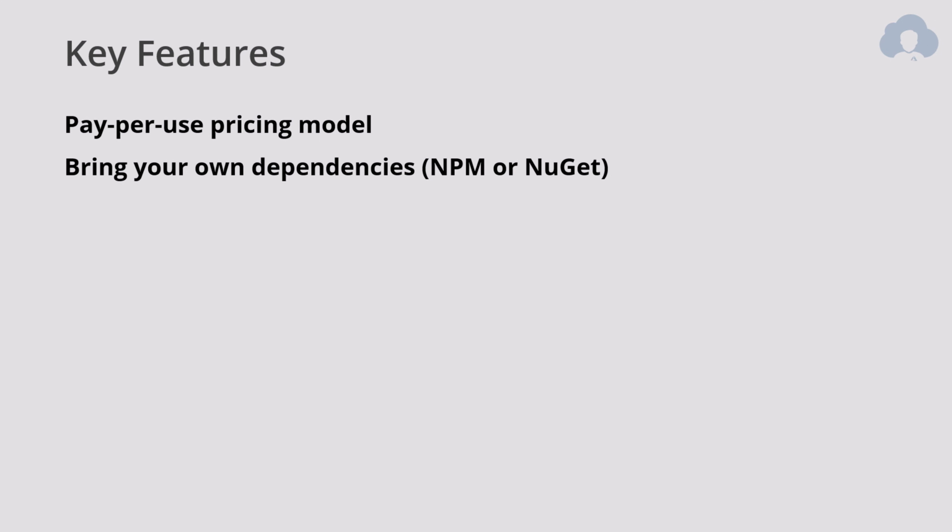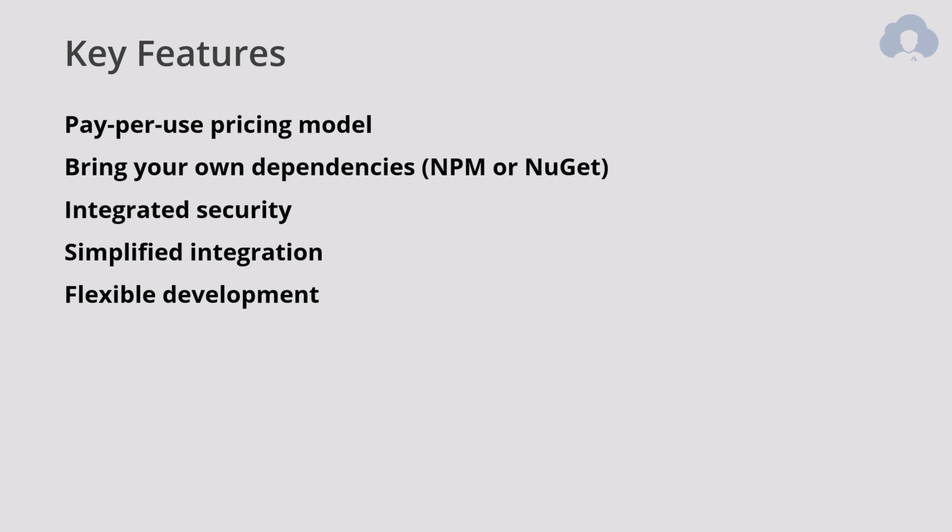Additionally, you have your own dependencies that you can bring either using npm or NuGet. You also have integrated security. This is coming from the app service. You have this integration with Azure Active Directory or any other external provider. You have simplified integration because you can combine this with external tools.